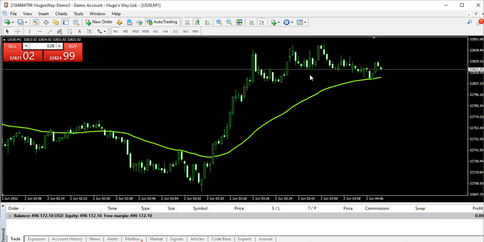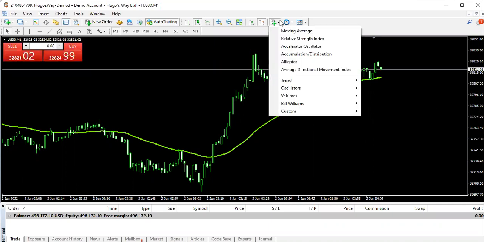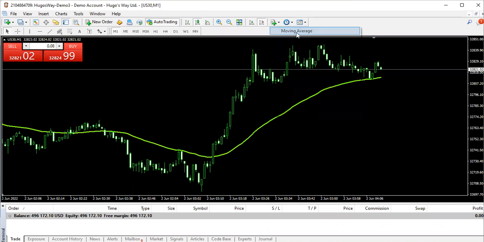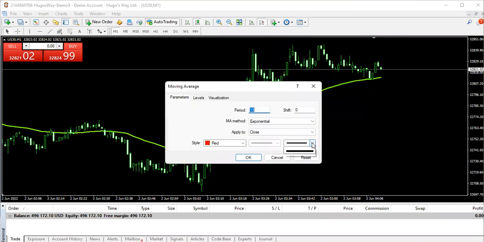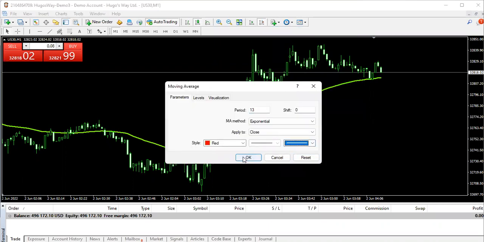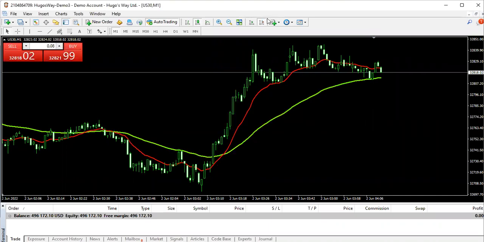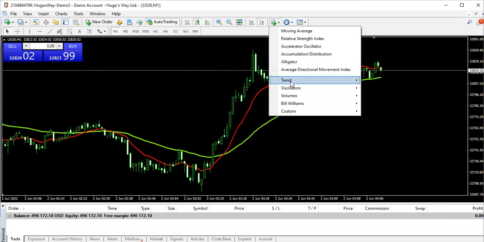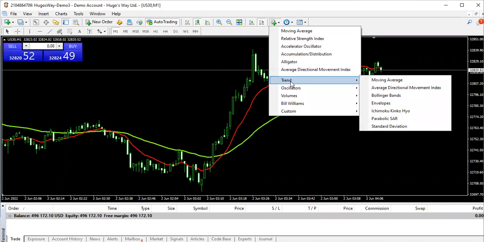Okay. So then the next 2 moving averages that we have, I don't want them quite as thick, is our red and our yellow.